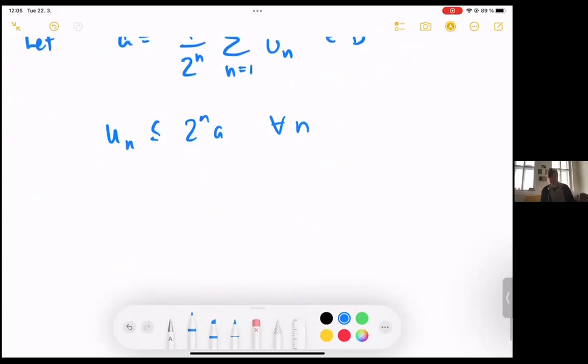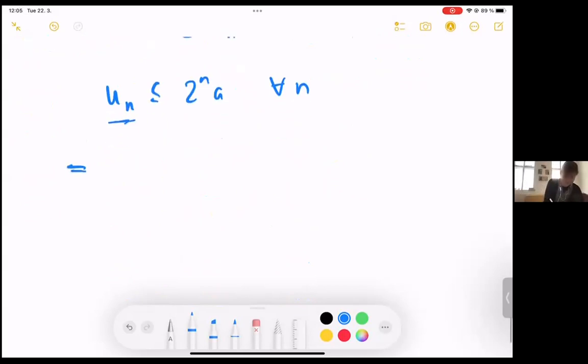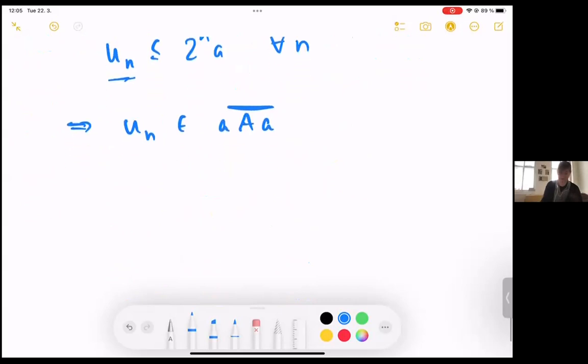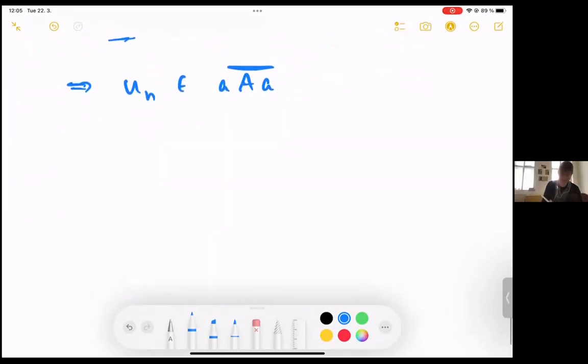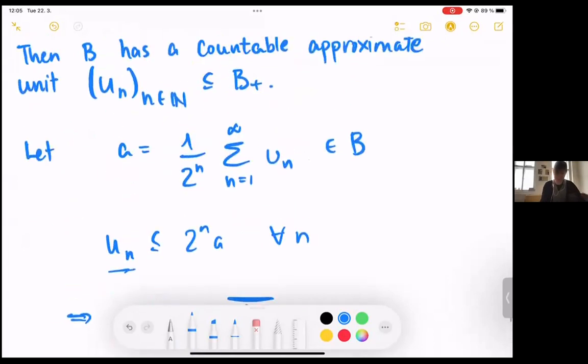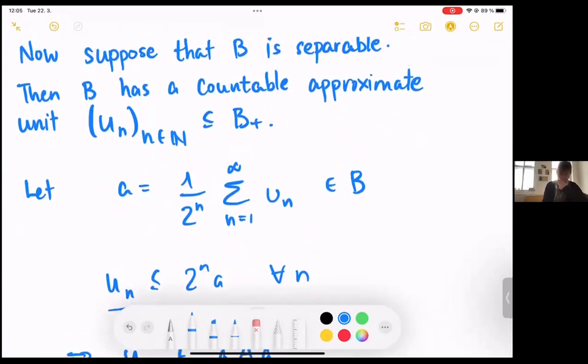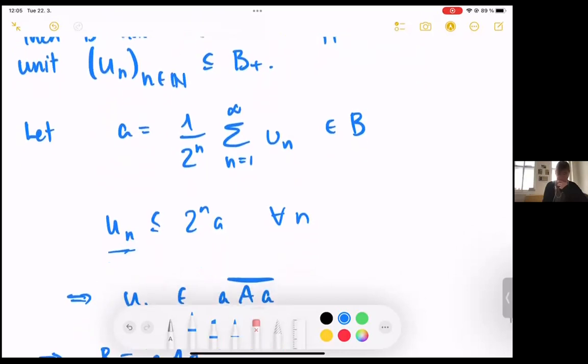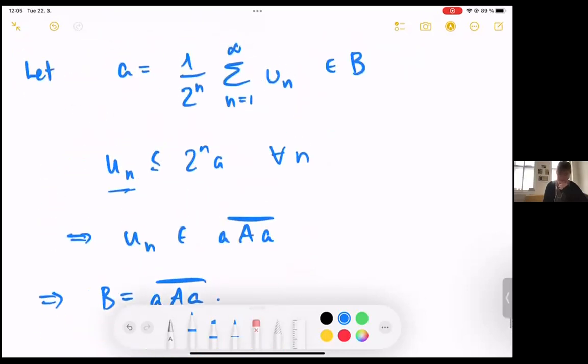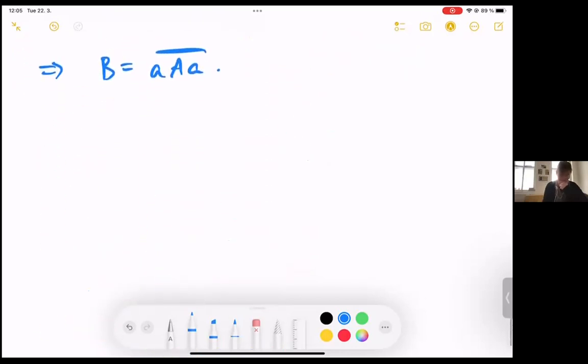So since this is the approximate unit, this also tells us that U_n is in A. And so A is what we wanted. I suppose you could also do this by, it doesn't really need to be a countable approximate unit. You could just take a countable dense subset of positive elements of B, and that would work as well.